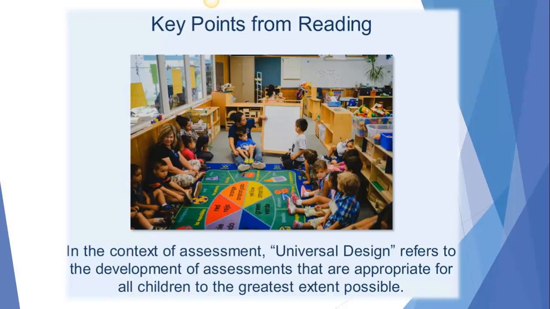So universal design refers to the development of assessments that are appropriate for all children to the greatest extent possible. So it's appropriate for what type of children? We've said this again and again. This universal design concept that applies to DRDP is appropriate for what type of children? All children, including what?